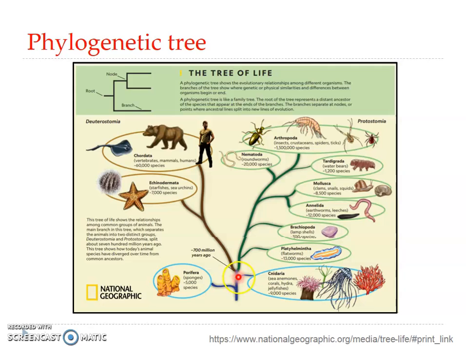The sub branches of these represent different classes, the further smaller branches indicate orders, and smaller twigs represent the suborders and further.